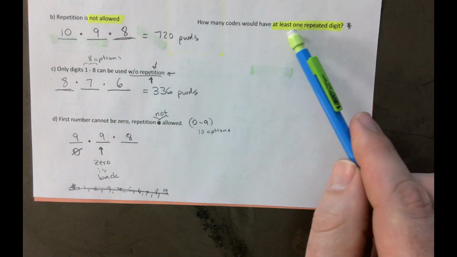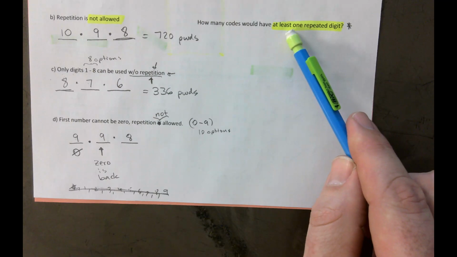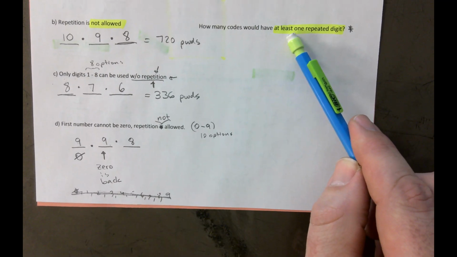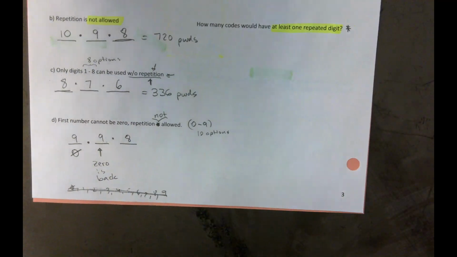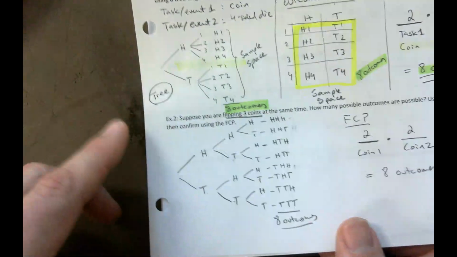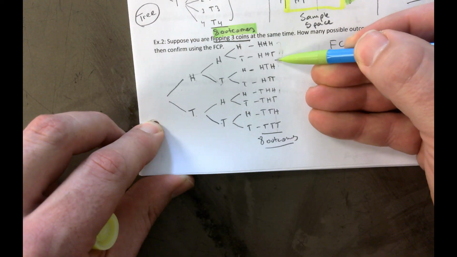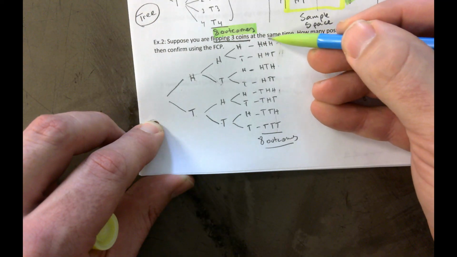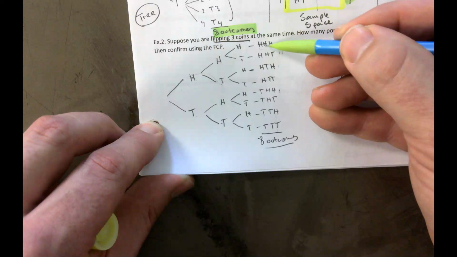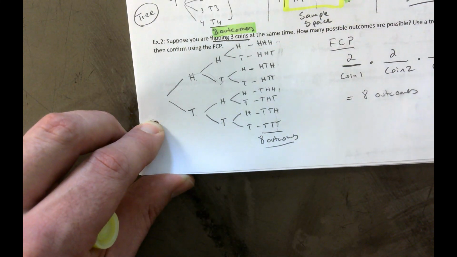When you see that one, remember earlier when I asked you at least 1 tail? You remember that one? Let's go back to the heads and tails. When I asked you how many examples have at least 1 tail, and then we counted all 7, right? All heads is the only one that didn't have at least 1 tail. That's called indirect reasoning.